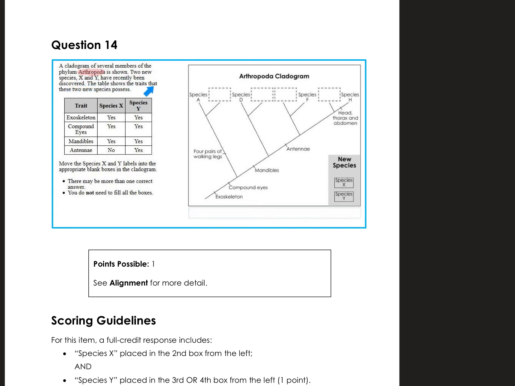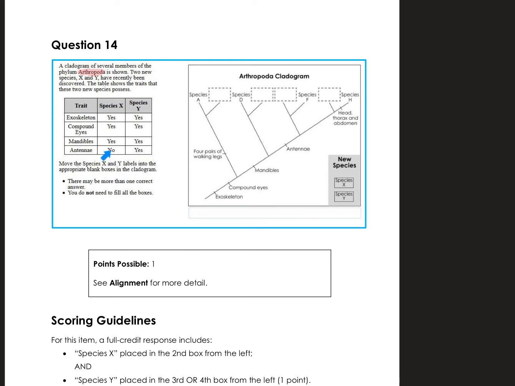The table shows traits that these two new species possess. So they have an exoskeleton, they have compound eyes, they have mandibles. The species X doesn't have antennae though. So move X and Y to the proper place in this cladogram.